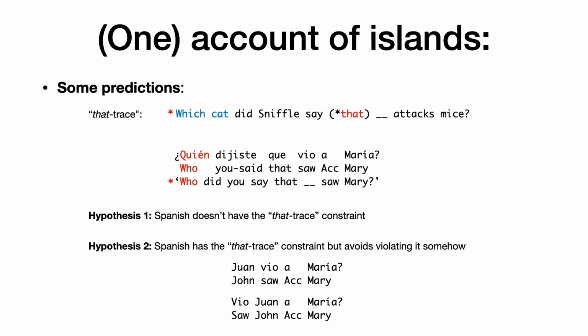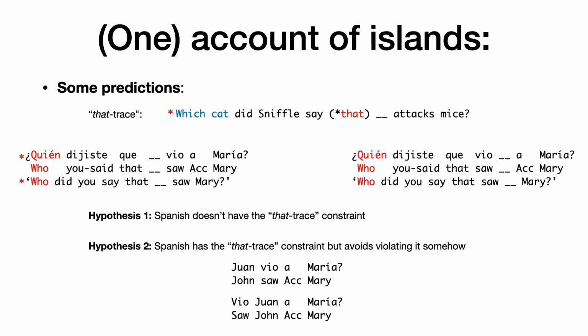And I've just shown you that in Spanish, we have ways of moving the subject around. And because we can move subjects around, that means we can move subjects from either position. The subject could have started before the verb, or it could have started after the verb. In the first case, the idea is that it violates the that-trace constraint just as much as the English equivalent does. But if we put the gap after the verb, if that's a possible parse of the sentence, the prediction is that this should be good.